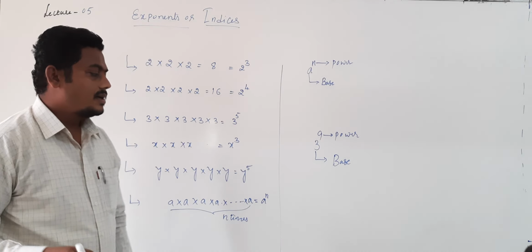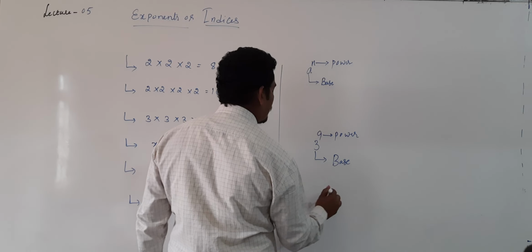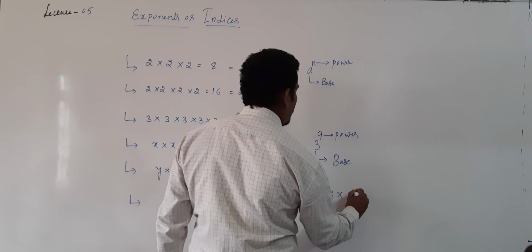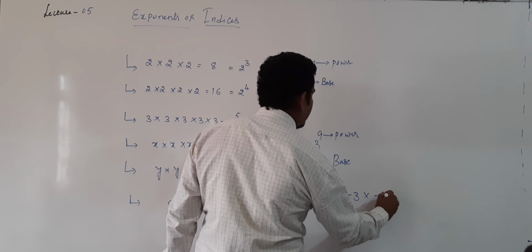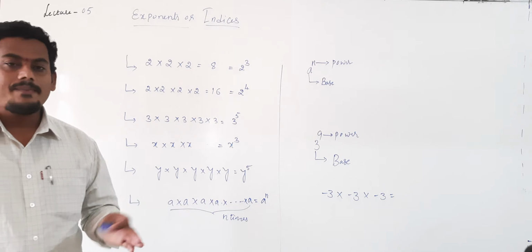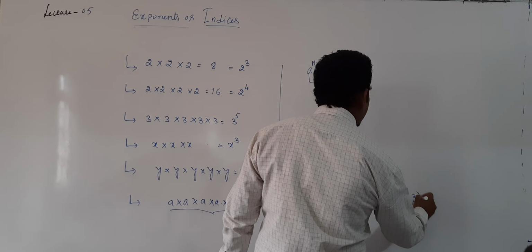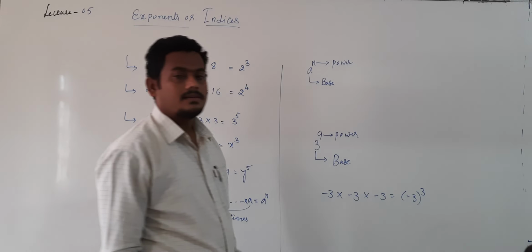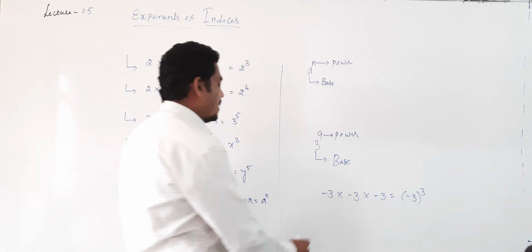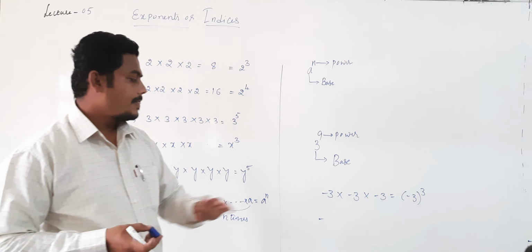I will write one more example. Minus 3 into minus 3 into minus 3. In this case, minus 3 is one number, it repeats 3 times, so I will write minus 3 power 3. Either positive or negative, that number should be the same.